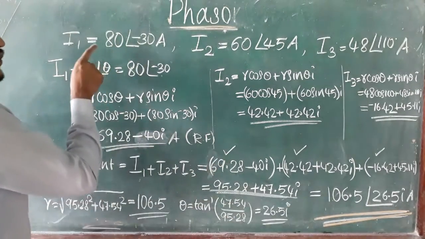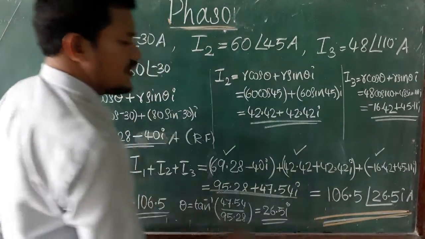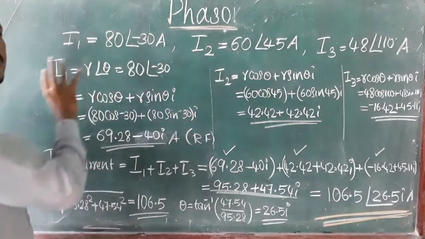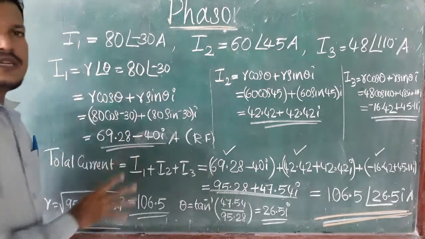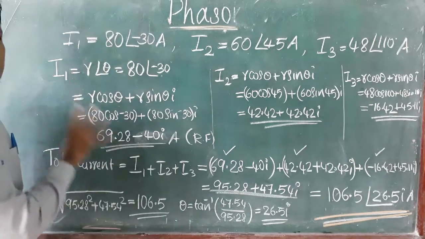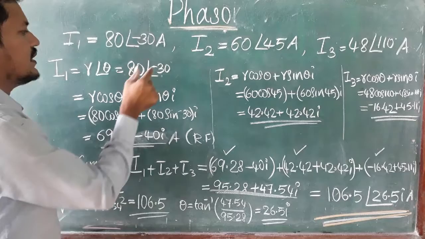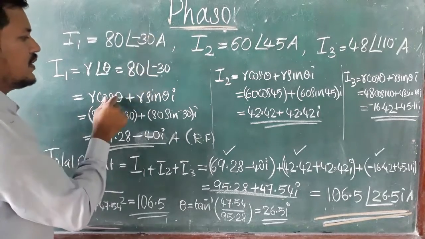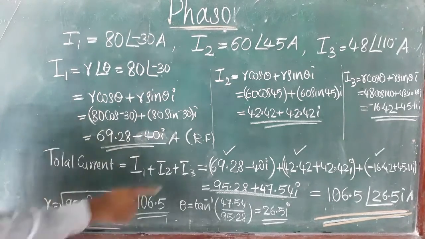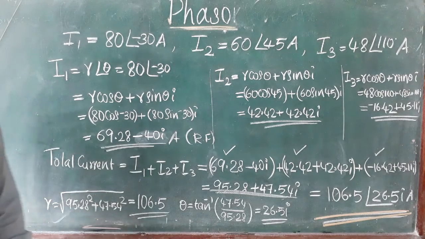While looking at 80 plus 60 plus 48, there is no relation between the output answer and the input current value. Because it is a complex number, we have to do everything in complex only, because in every case we are taking the angle. With respect to angle only we added, so that answer comes 106.5 at an angle 26.5 ampere.